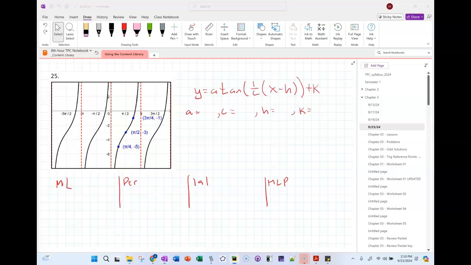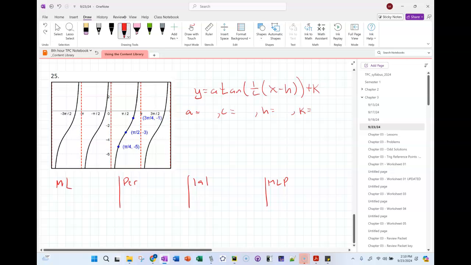All right. Our first random volunteer is Tia. Tia, can you tell me where the midline is? -2 is incorrect. Take a closer look. Okay.